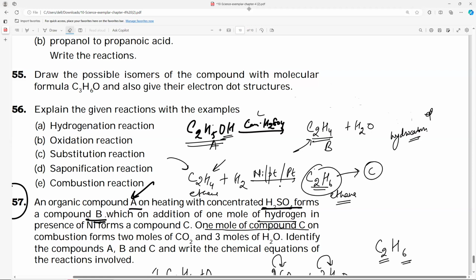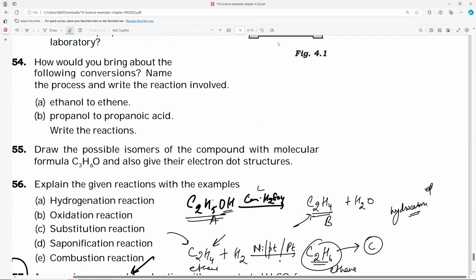What should be the answer for question number 55? What will be the answer for question number 55?